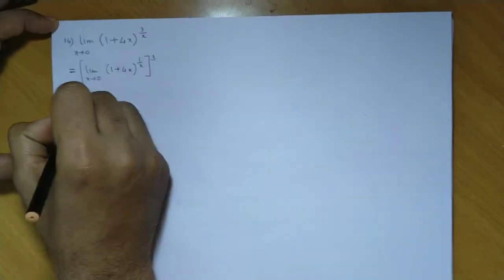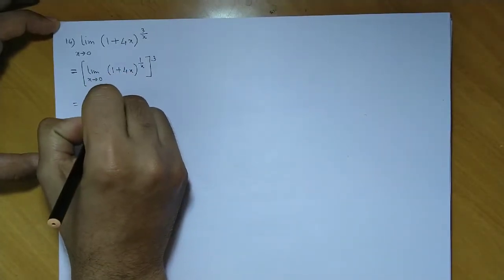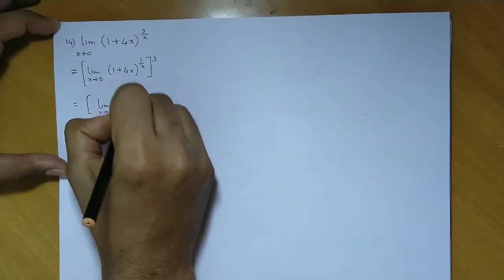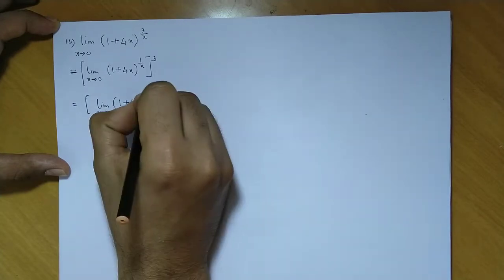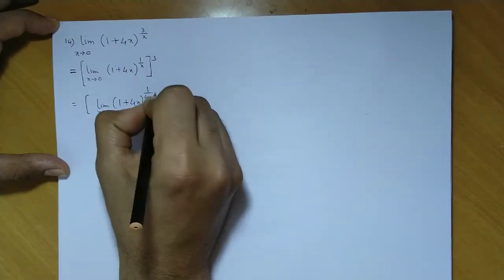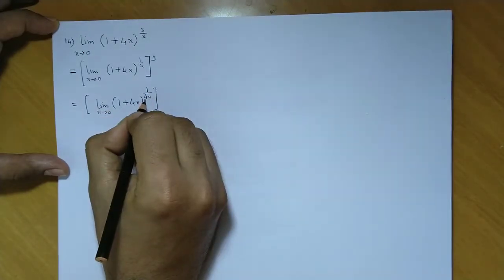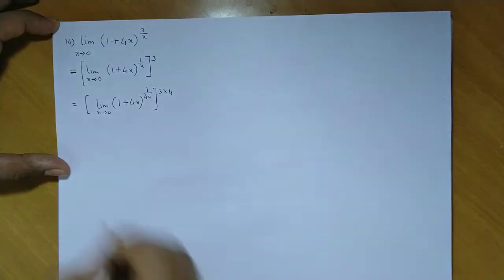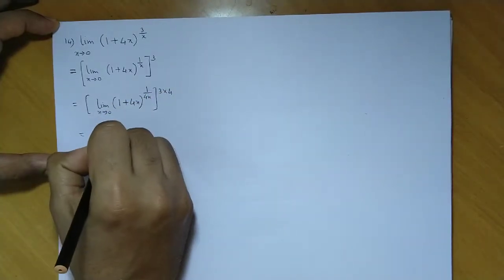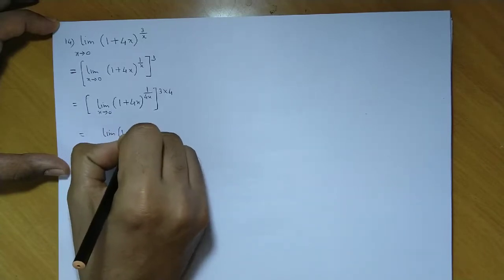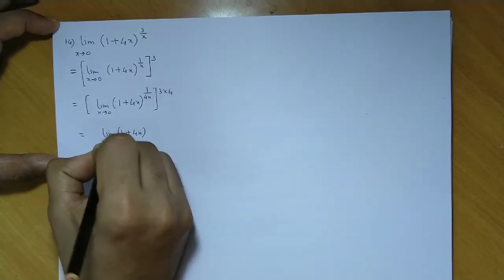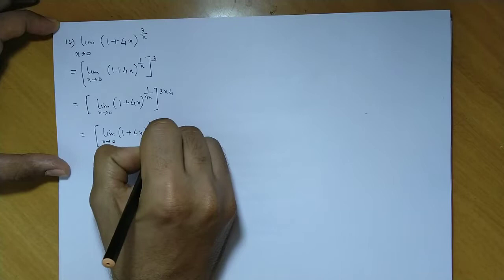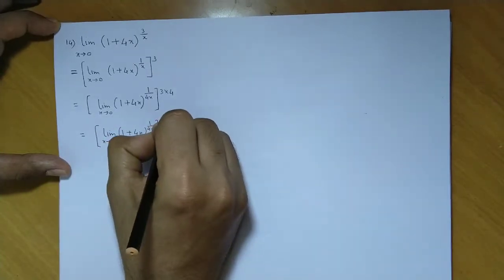So next step would be limit as x approaches 0, 1 plus 4x. Now in the index we'll write 1 upon 4x. Since we have divided by 4, we need to multiply outside by 4. So finally what we get is the limit of (1 plus 4x) as x approaches 0 raised to 1 upon 4x, the whole thing raised to 12.